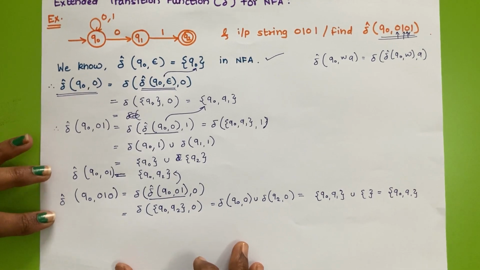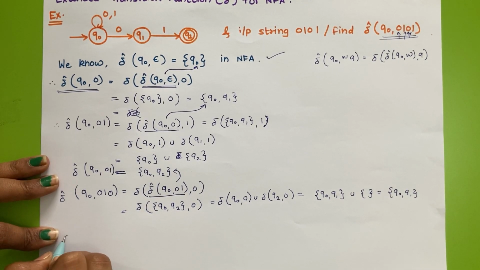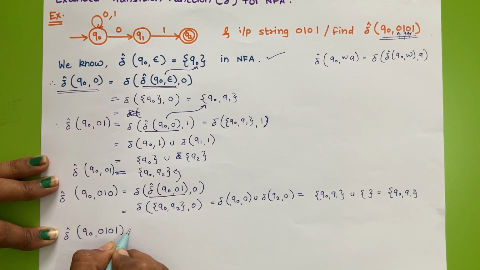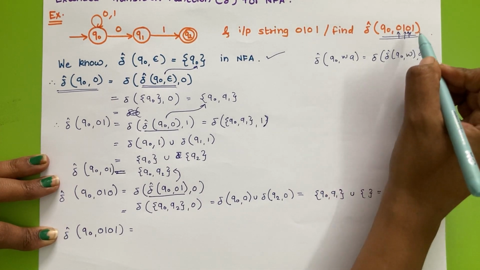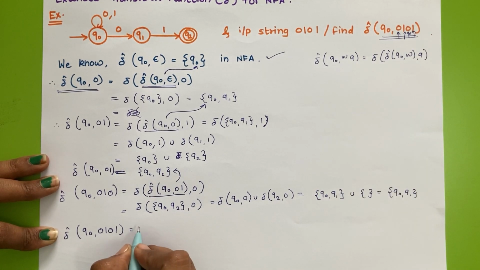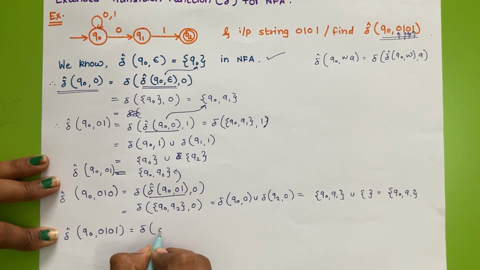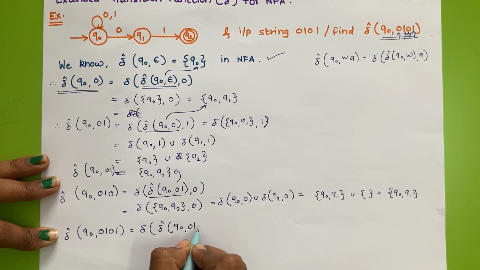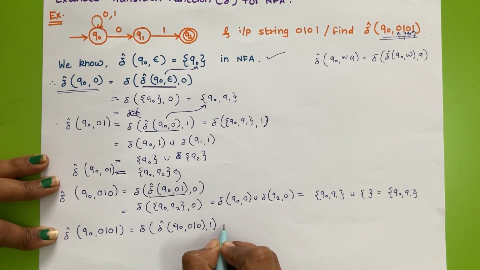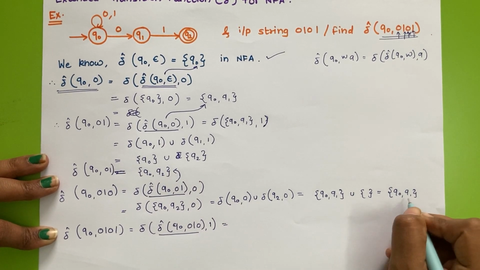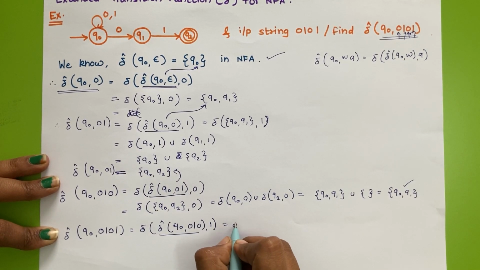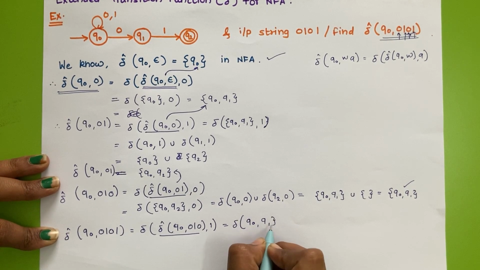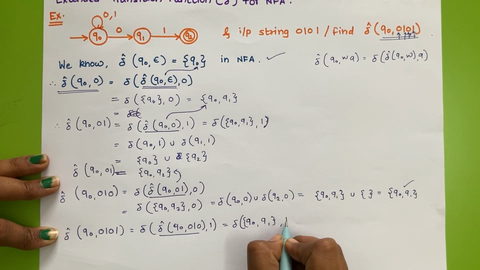Now the next step, that is delta cap of Q0 comma 0101. The last symbol is 1. That's why it is delta of delta cap of Q0 comma 010, comma 1. The output of this term is the value of this, so delta of Q0 comma Q1 comma 1.